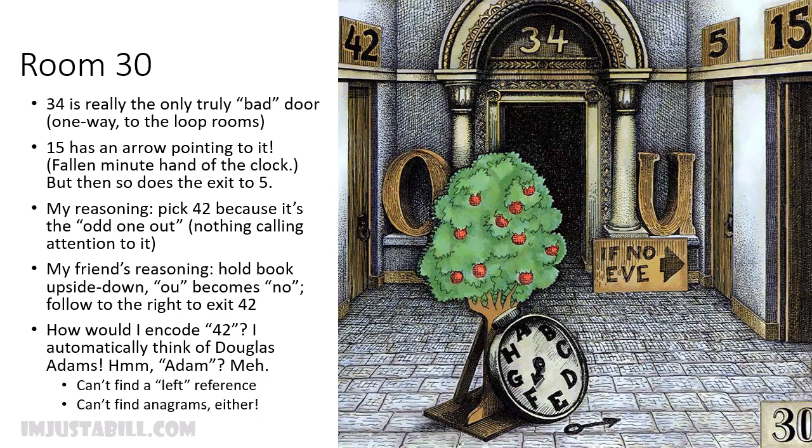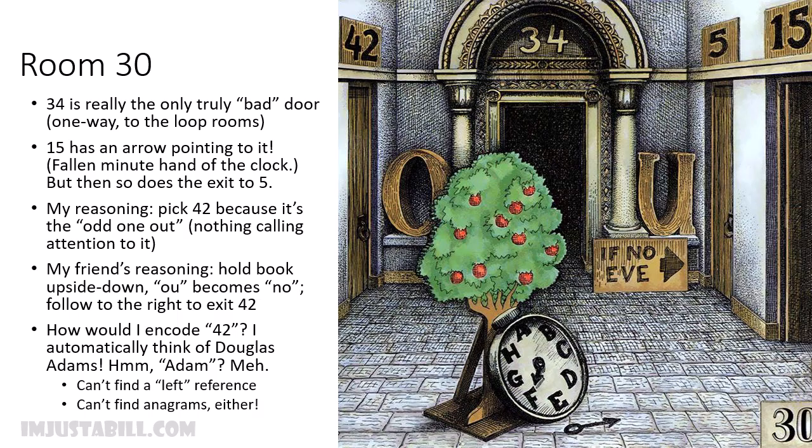Now, 15 has an arrow pointing to it. There's an arrow there on the floor, the fallen minute hand of the clock, it would seem. So our instinct might say, go there, but I don't know. Room 5 also has a sign in front of it with an arrow.